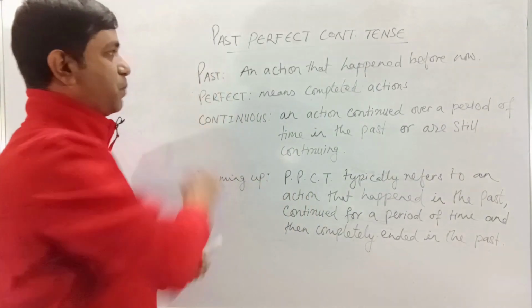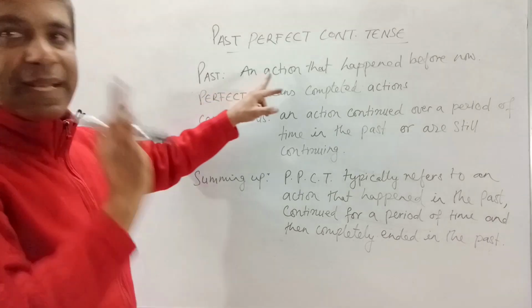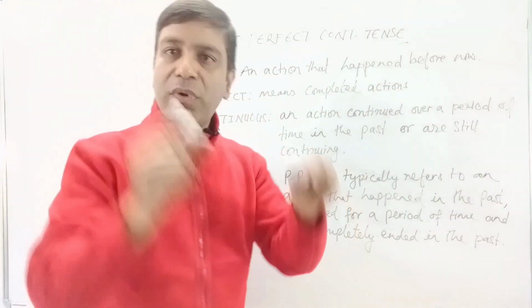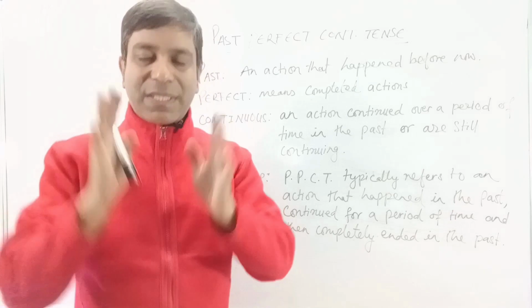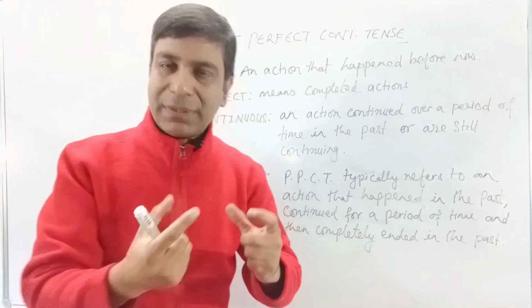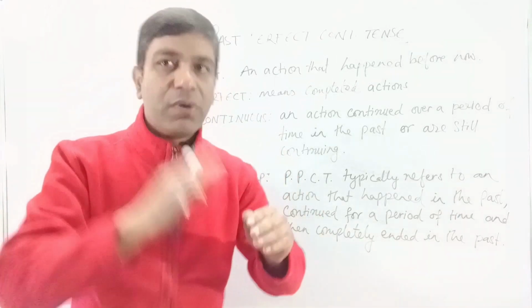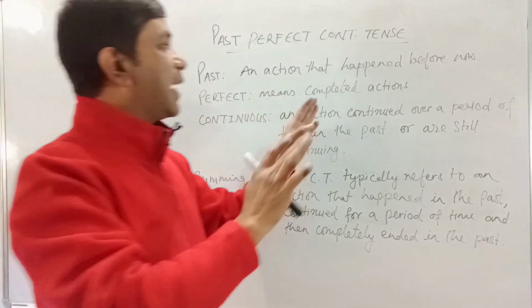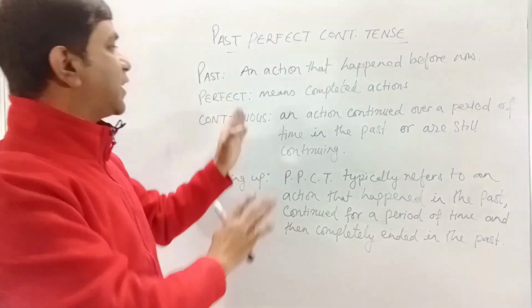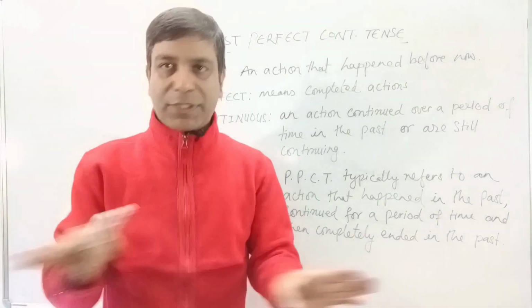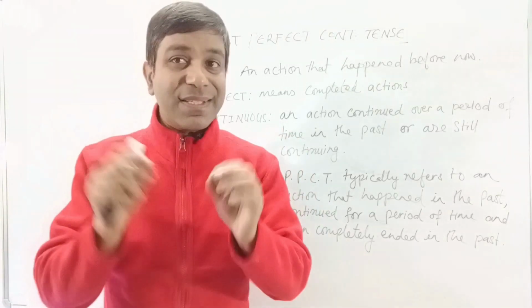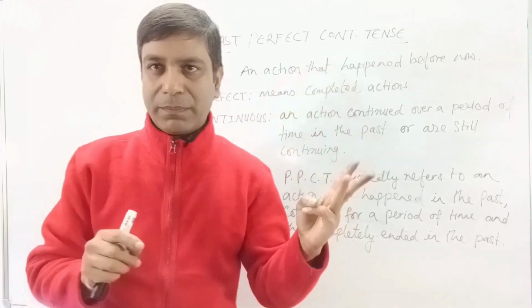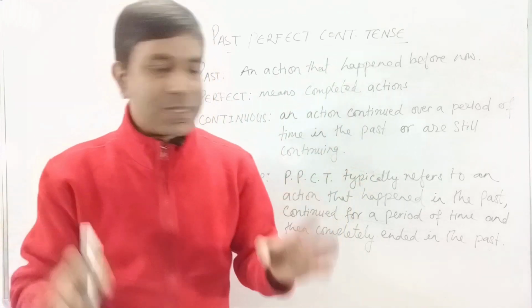What does past mean? Past simply means an action that happened before now. And perfect means anything that is completed. Perfect means completed actions. That is the reason why we use the third form of verb, completed actions.